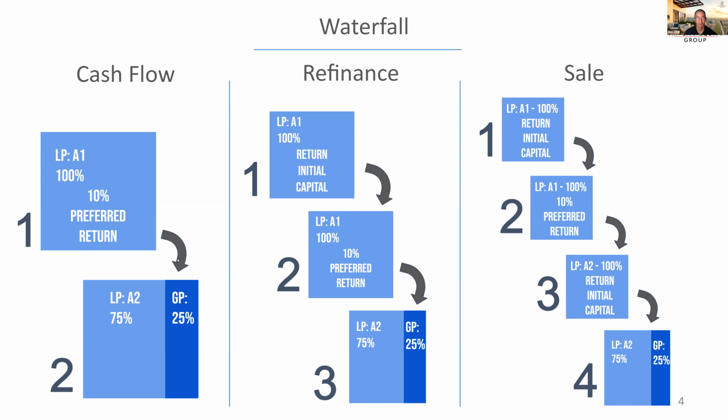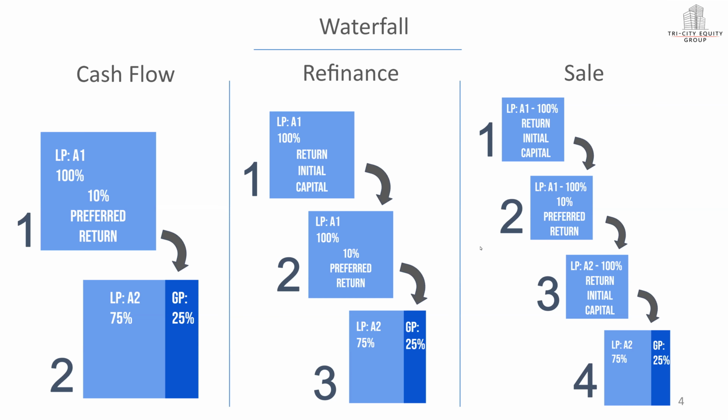So that one could be split, say 75-25, A2, which is still LP, and then the 25% to the GP. And then on the refinance, you could have 100% return of initial capital to the A1 first, and then their 10% preferred return if that's not already previously met by the cash flow. And then the remainder split 75-25 LP GP.